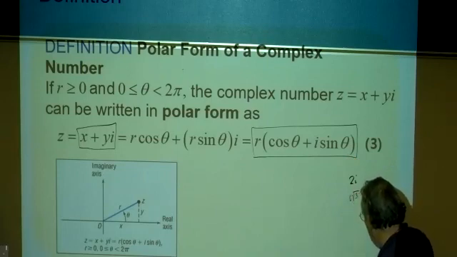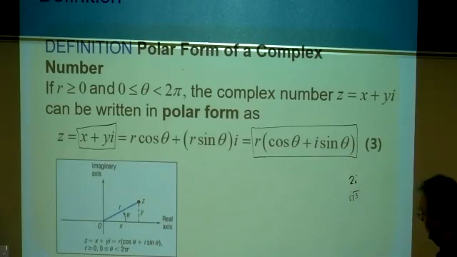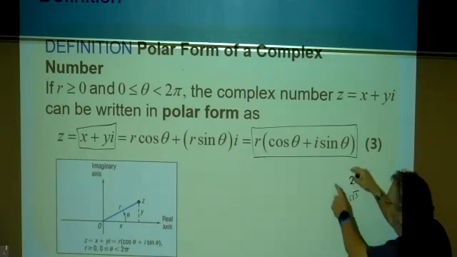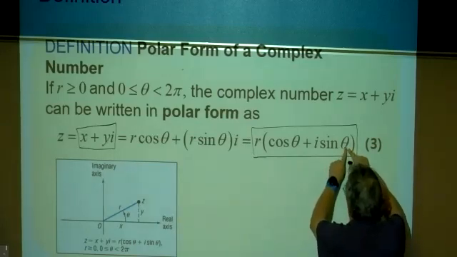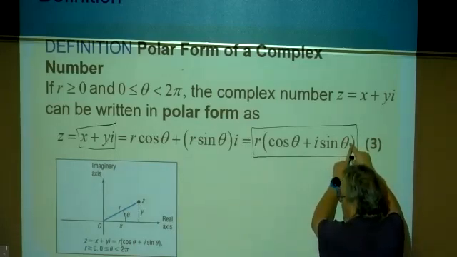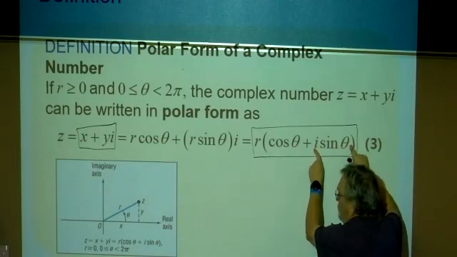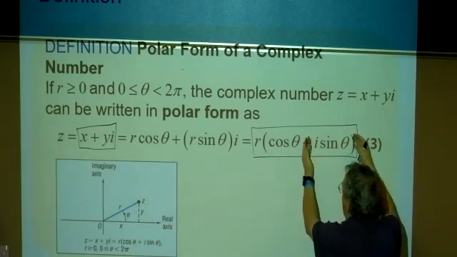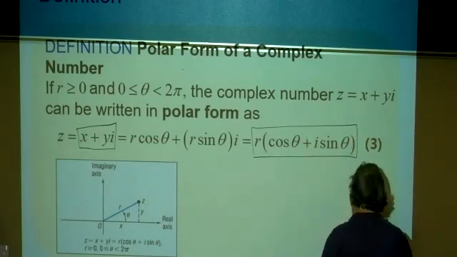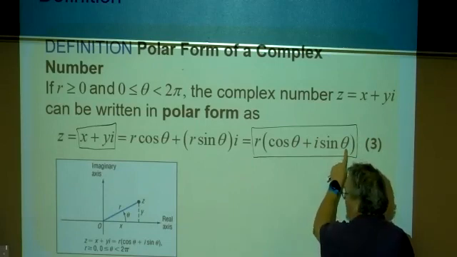We write it i square root of 3. So that way you know that the i is not underneath the square root symbol. Just like they're writing this i in front of the sine instead of after. So you know that this is the imaginary part, and it's not theta i.